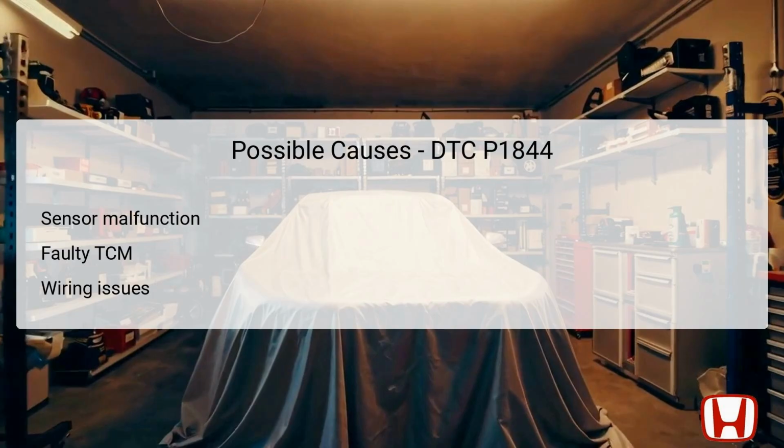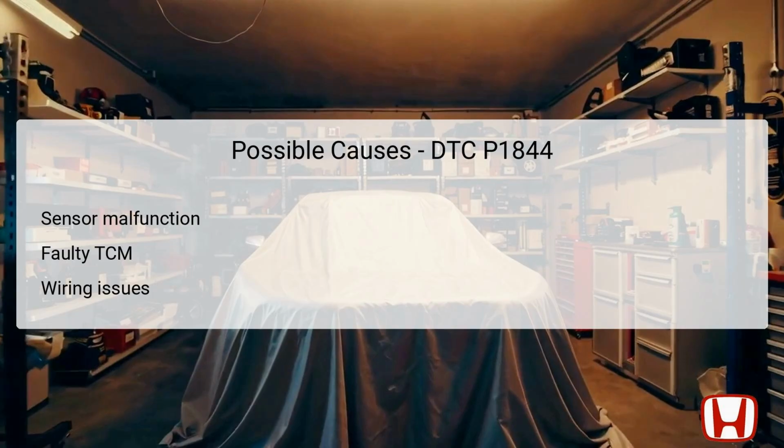Additionally, a faulty transmission control module, TCM, can misinterpret these signals, contributing to the issue. Wiring problems, such as frayed or corroded connections, can also hinder proper signal transmission between the sensor and the TCM. Each of these causes points to a critical aspect of the CVT system that requires careful inspection and thorough troubleshooting to restore proper function.